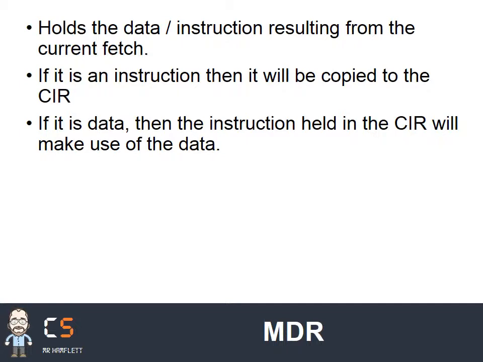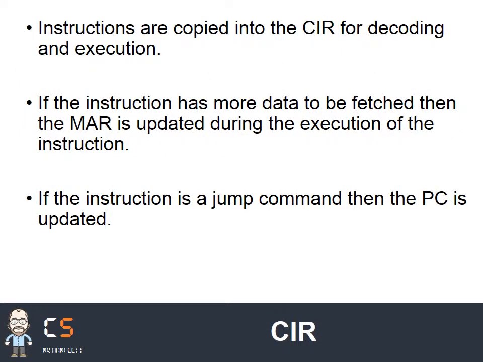If it's data, then that data is going to be used with the instruction currently in the CIR in order to execute. The current instruction register: instructions are copied into the CIR for decode and execution. If the instruction has more data to be fetched, then the memory address register is updated during execution of the instruction. If the instruction is a jump, then the program counter is going to be updated.